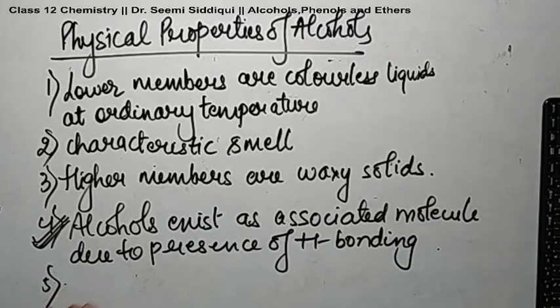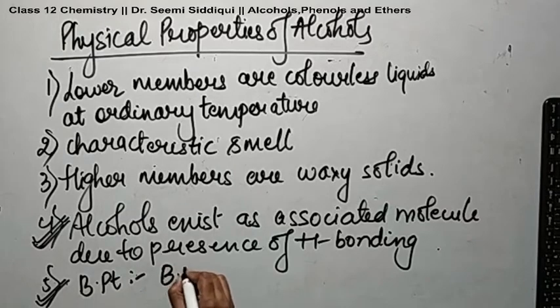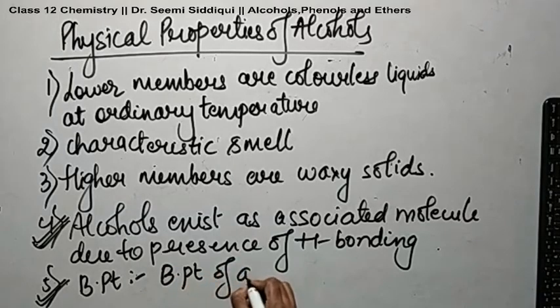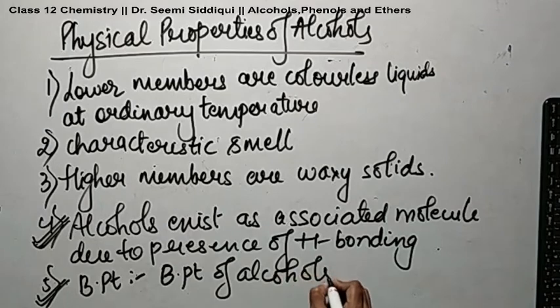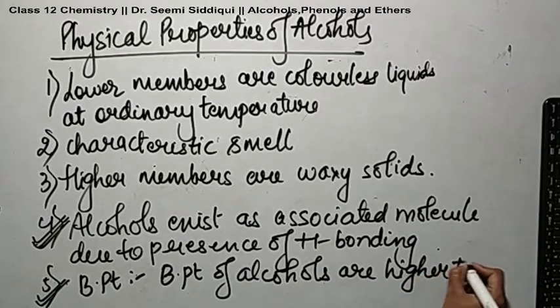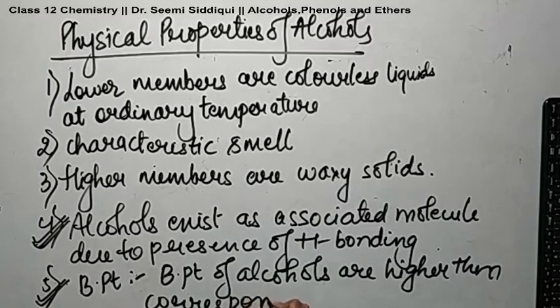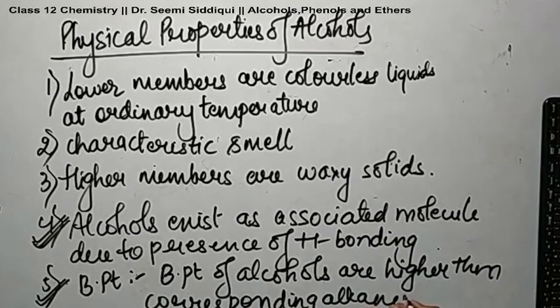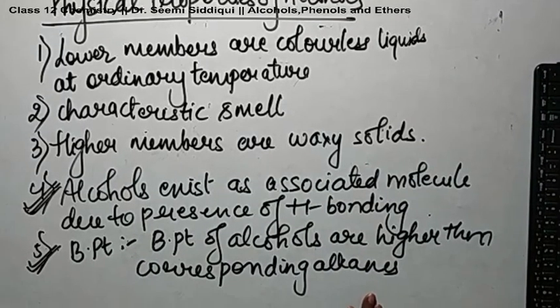Fifth point, from this point also we can expect a question, that is the boiling point. Boiling points of alcohols are higher than the corresponding alkanes.